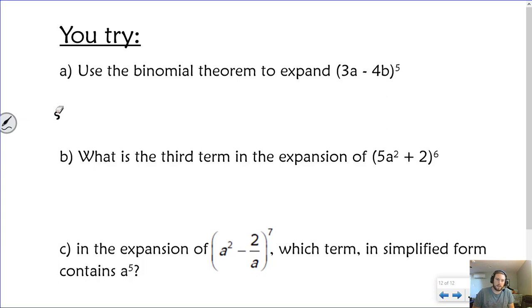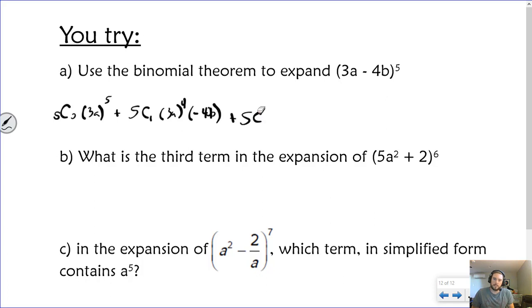So it's going to be 5c0, 3a to the 5, plus 5c1, 3a to the 4, negative 4b. Notice here that we have a minus symbol, so that's going to affect our question.